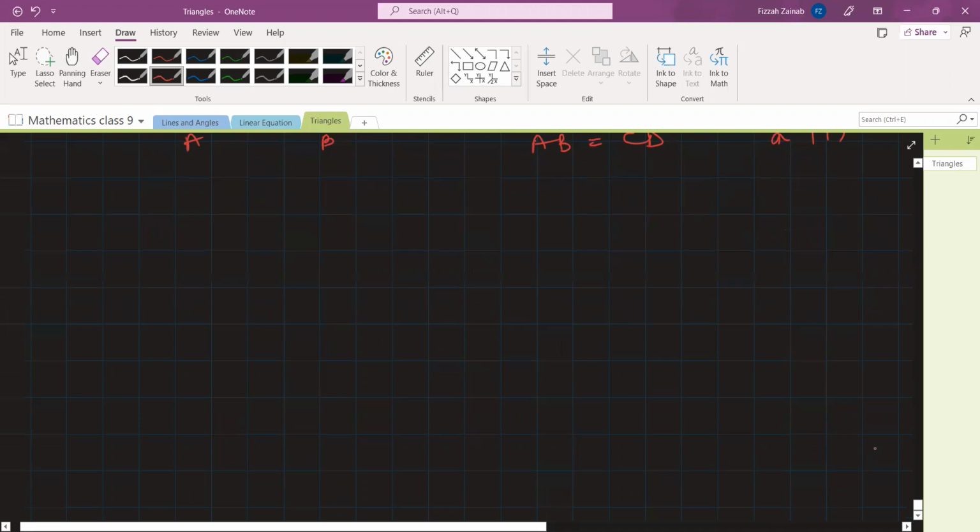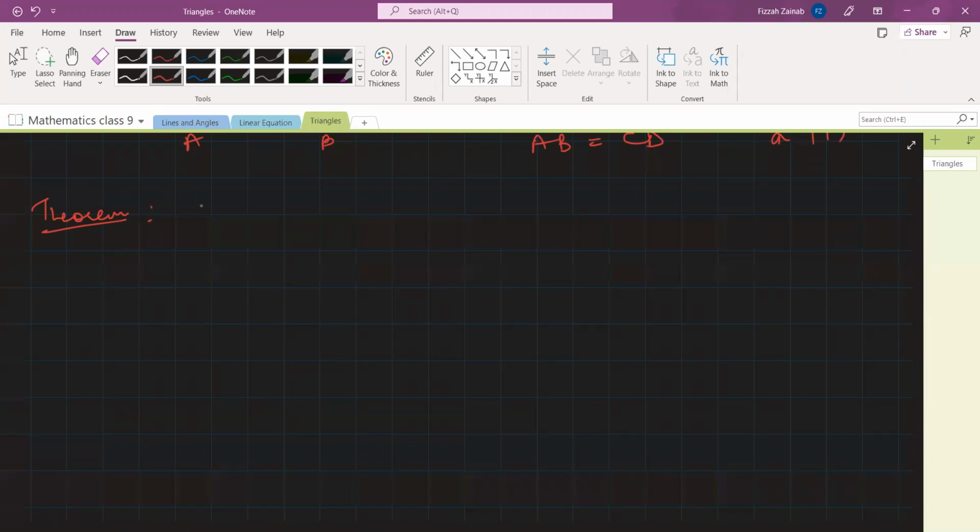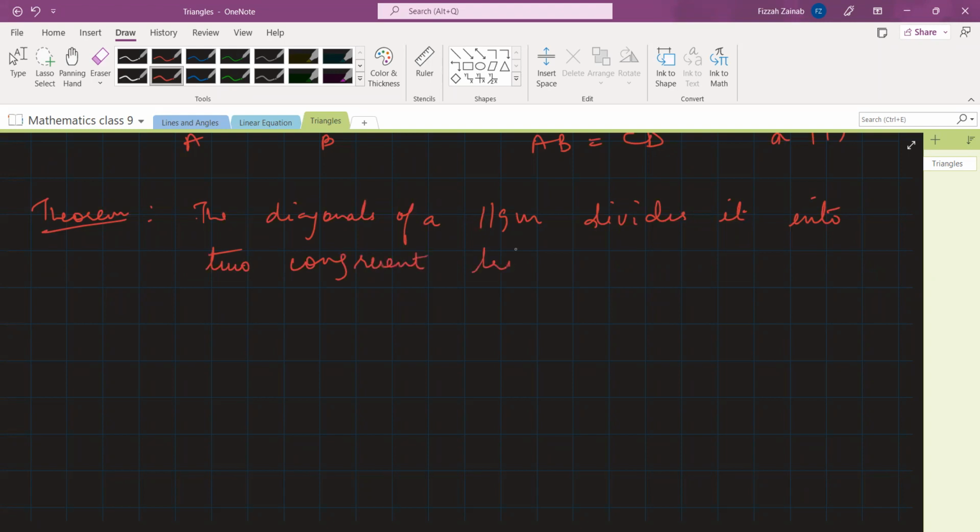There is one more theorem. So Zainab, you can take previous notes. So in the sequence, I have done all the theorems. You can just note that the diagonals of a parallelogram divide it into two congruent triangles.